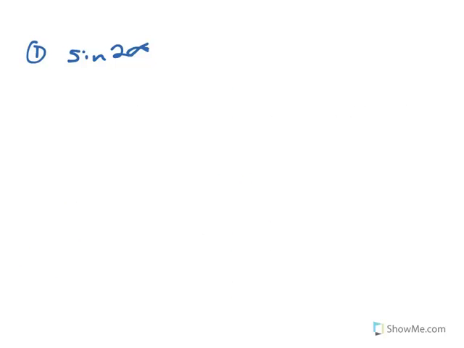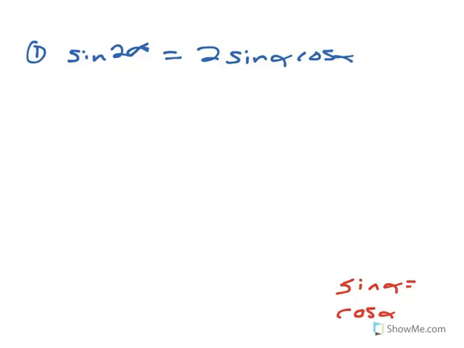Number 1, we're supposed to figure out what sine of 2 alpha is. Using the double angle identity, that's going to be equal to 2 sine of alpha times cosine of alpha. As we've already discovered, we know what y, r, and x are. Y is negative 5, r is 13.